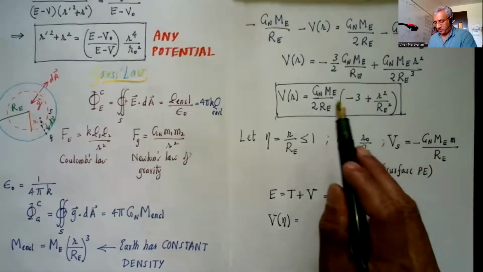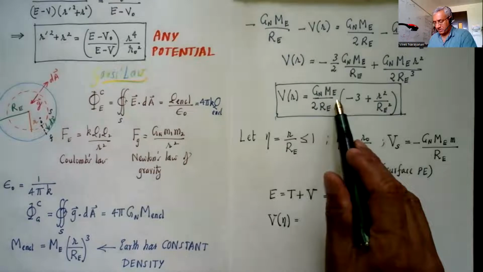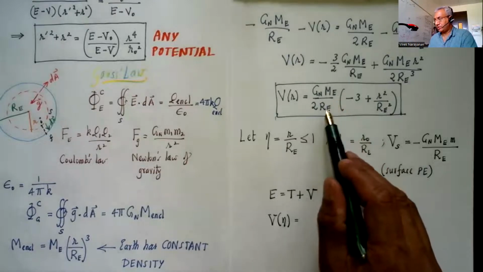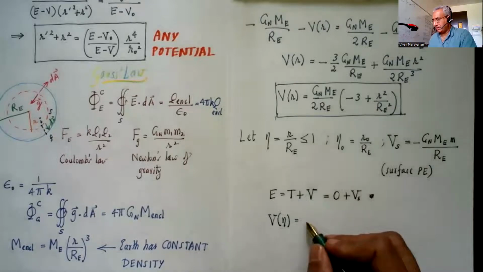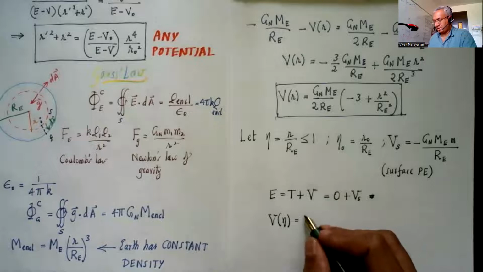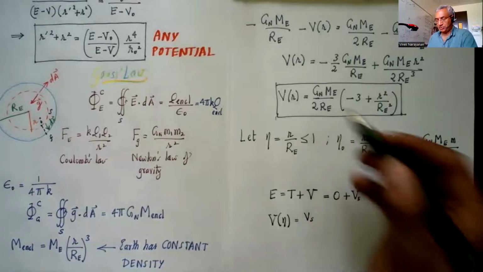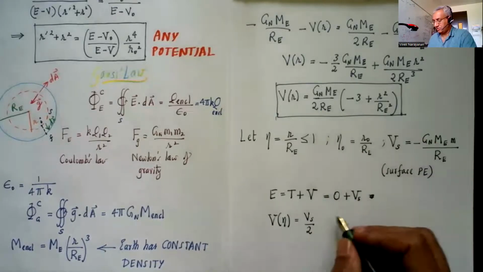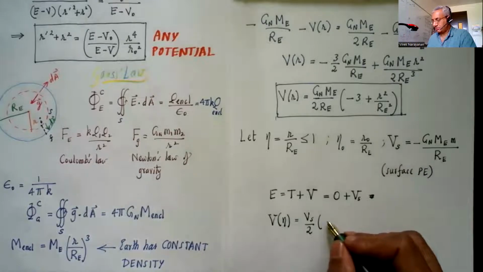I have G M e m over 2 R e. So that's going to be my Vs. So it's Vs divided by 2 times 3 minus eta squared.